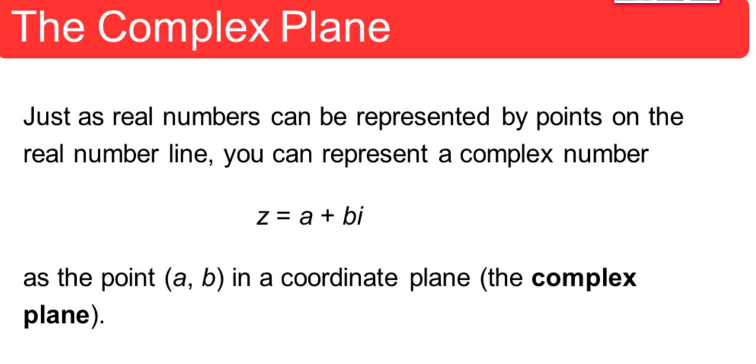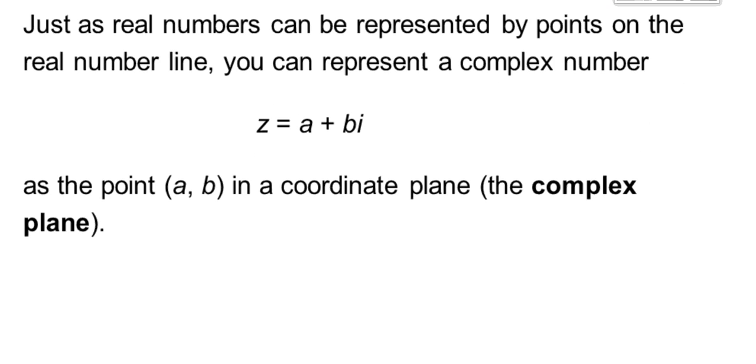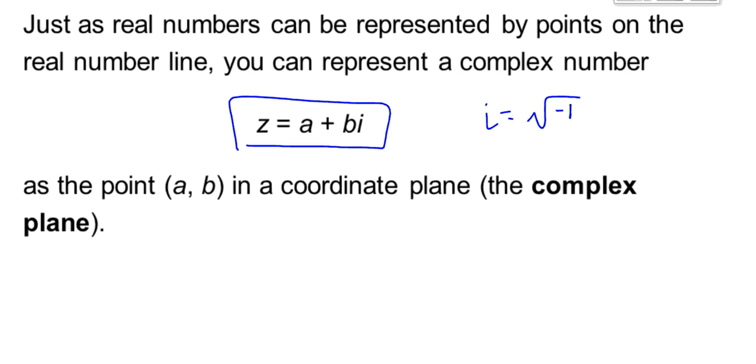And so complex numbers, and you've maybe experienced them before. i is equal to the square root of -1. And everybody's good with that, I'm hoping, right? And i is the square root of -1.